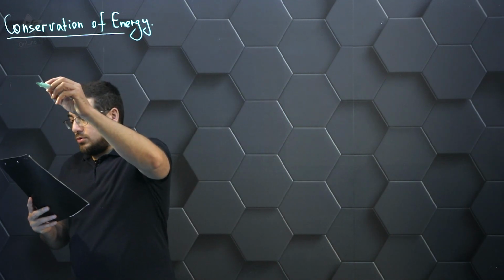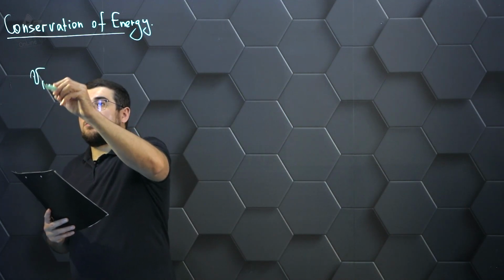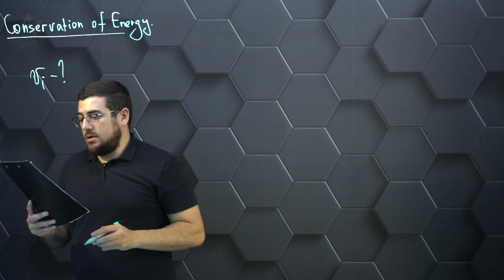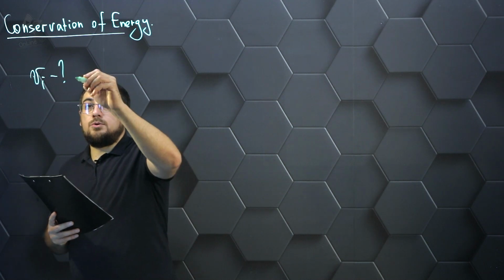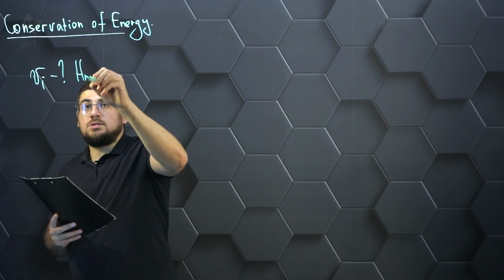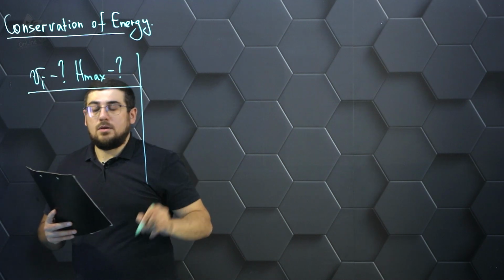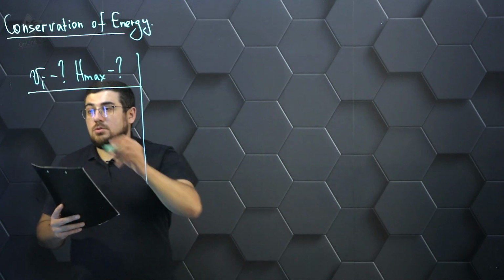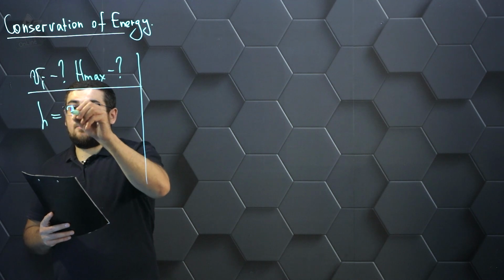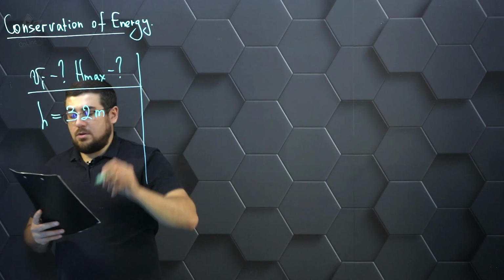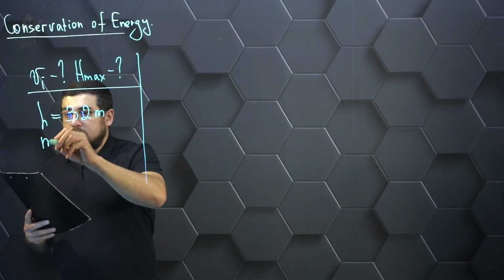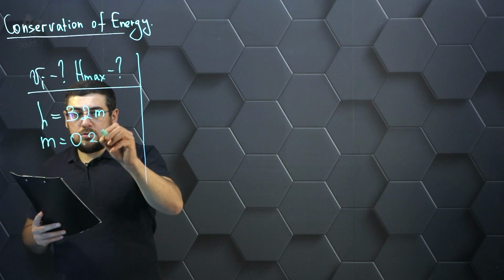So, let's write down the questions. We have to determine the initial velocity of the stone throw and the greatest height of ascent. Let's write it as h maximal. In this case, we know that the rock has a height of 32 meters. The mass of the rock is 0.26 kilograms.